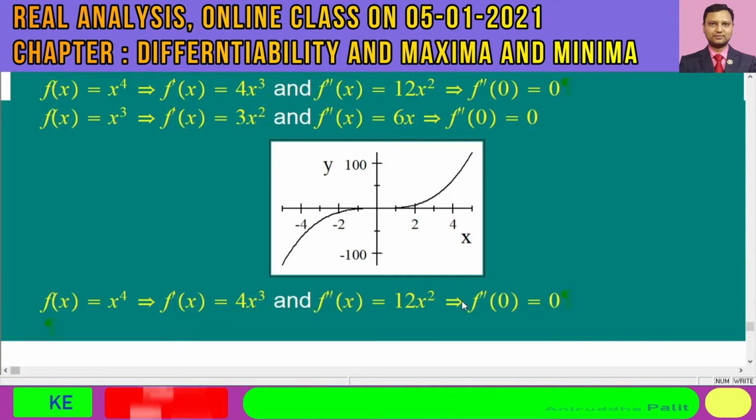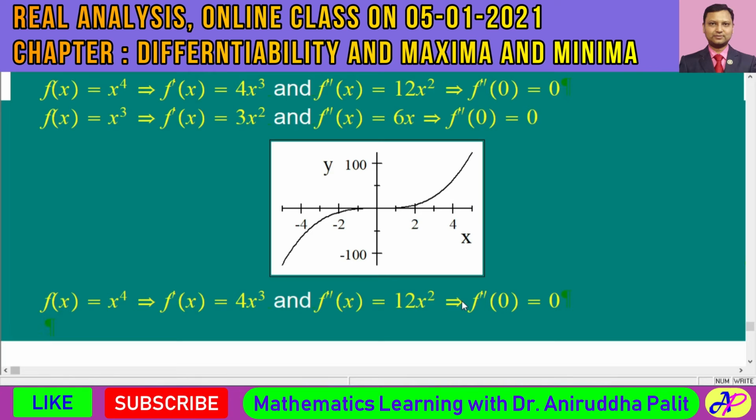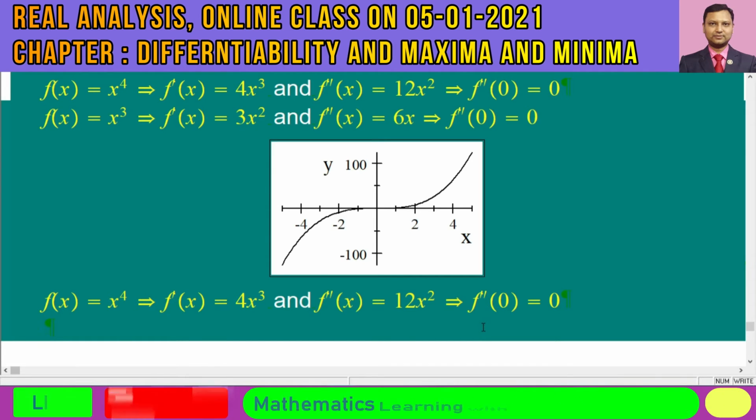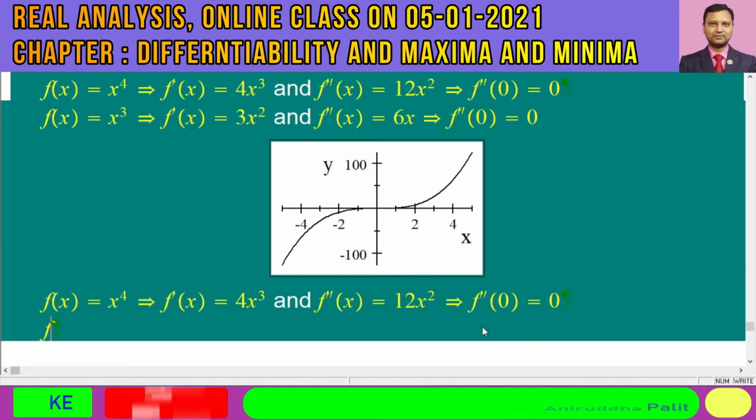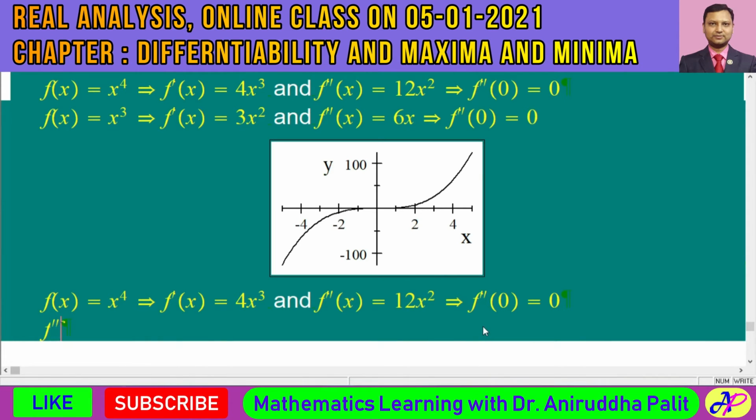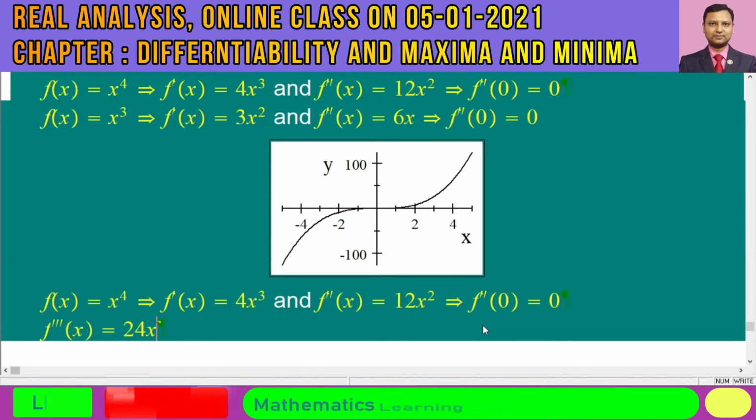Then what we need to do at this level, as the case is undecided, we shall continue the derivative process, as it's a polynomial so differentiation is permissible. So we find the third derivative, f triple dash x, which would be 24x.